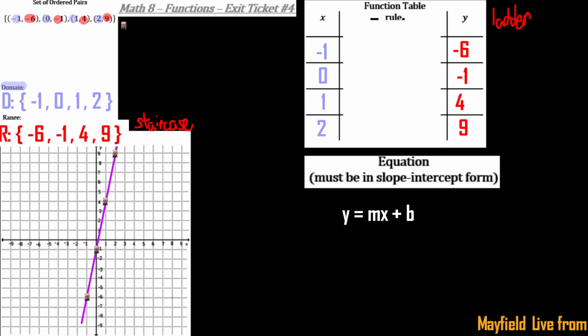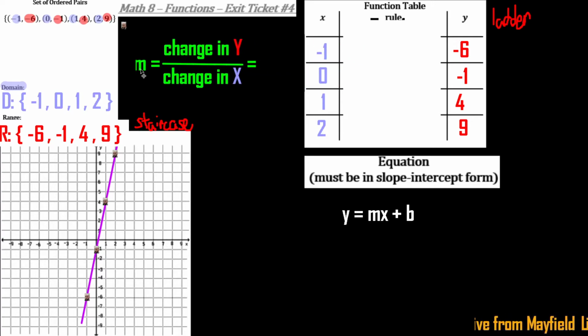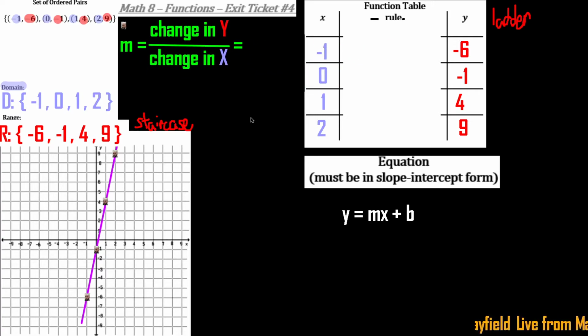So I'm going to say, all right, what is going to be my slope? Well, to be able to find that, I know that my slope m is going to be the change in y over change in x. And so for my slope, I need to find the change in y. So what's that going to be? Well, my change in y between these first 2 points is just +5. Now my change in x is going to be what? Well, it's going to just be +1.